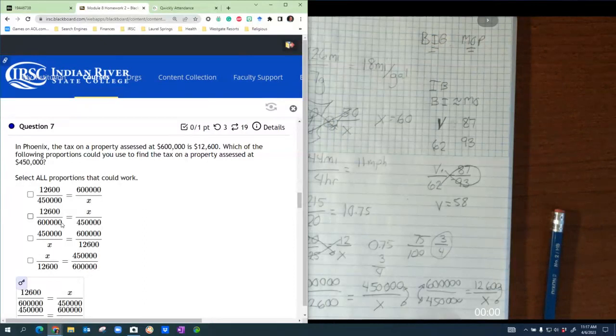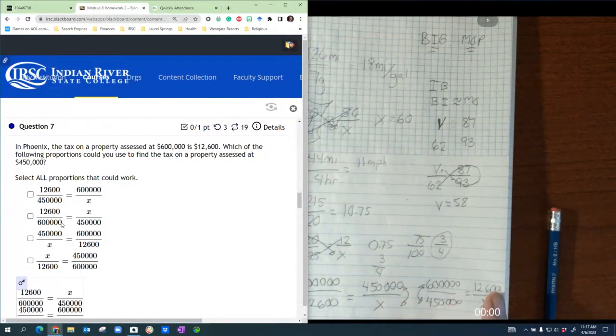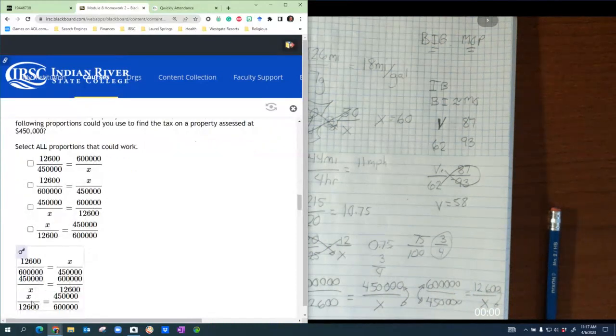600,000 over 450,000, I don't see that. But the last one there has 450,000 over 600,000, and then that means it would be X over 12,600. So the last one is the answer choice, and that one works as an answer. And then, of course, flipping this one around, you have 12,600 over 600.